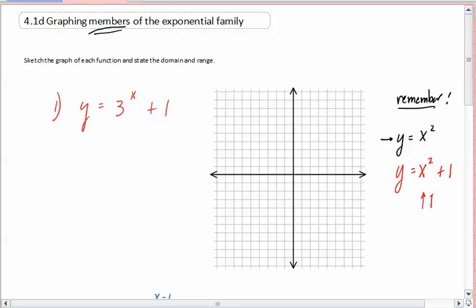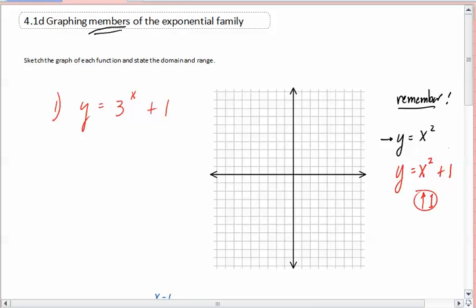Remember that? If you can remember that basic transformation of something more familiar to you, a parabola, more familiar than an exponential function, then thinking about what to do to the exponential function is really not that bad.